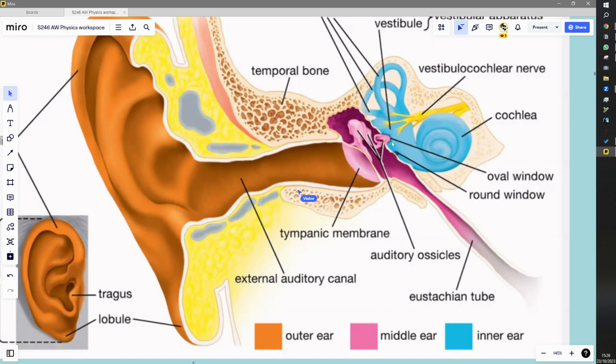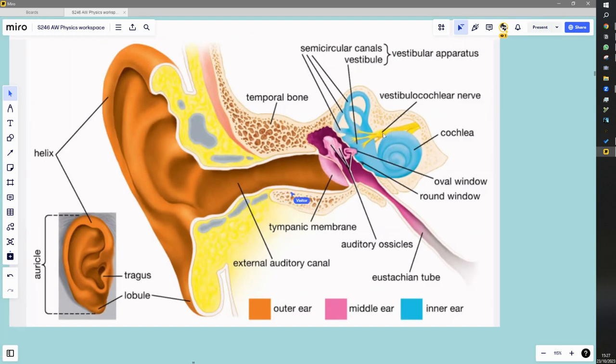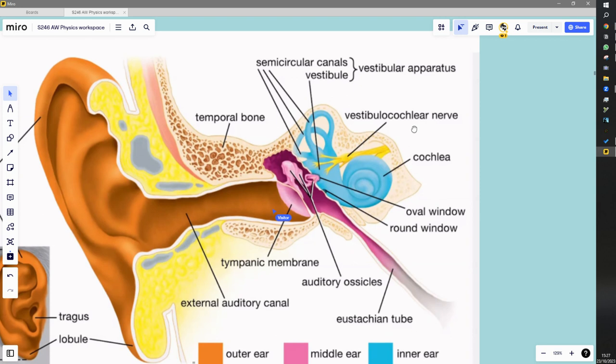The cochlea has all these hairs inside of it, and those hairs vibrate. You can't see them; they're inside, and they vibrate depending on what frequencies there are. I'm not sure, but maybe the shorter hairs vibrate with higher frequencies, whereas the longer ones vibrate with lower frequencies. And then you've got this nerve here, which will presumably be picking up the information and sending it to our brain about what sounds we're hearing.